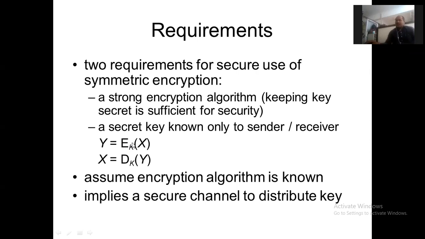The output of this encryption of the plain text x with the help of k is y, which is called the cipher text. In that way we have to give the meaning of these equations here.